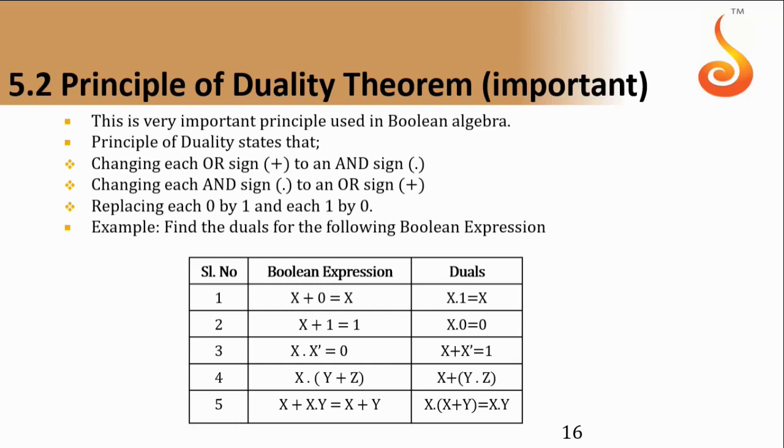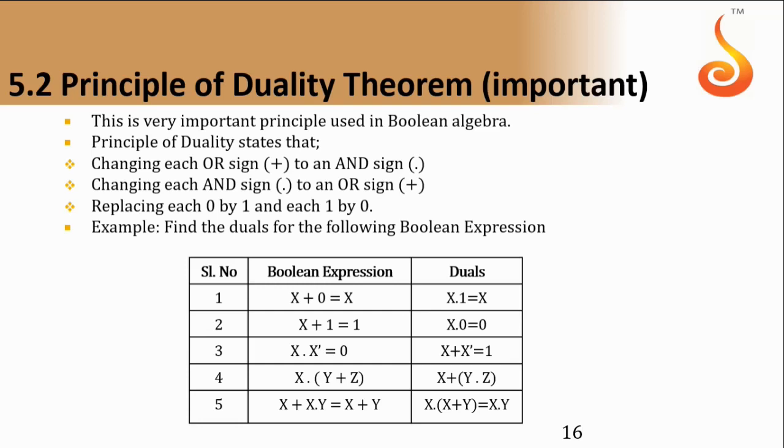So changing OR, that is plus, to AND, that is dot, that is the first step. Second one is changing AND, that is the dot, to OR. Fine. So in the Boolean expression, wherever plus is there, change it to AND, that is dot, and wherever dot is given, change it to plus.